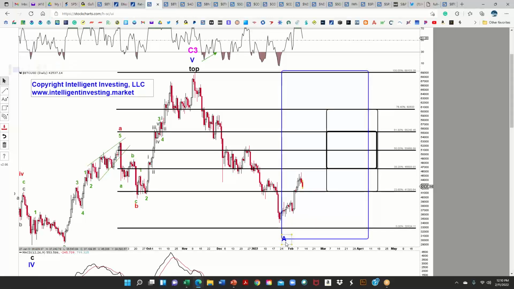So then we have wave A here at this low, and wave B should then be a similar time frame. Can it last as long as wave A? Yes, it can, but most likely not. If it's a counter trend move, the counter trend move is not going to be as long in price, most likely, and not as long in time. So anywhere between now and early April, we should expect this bounce to complete.